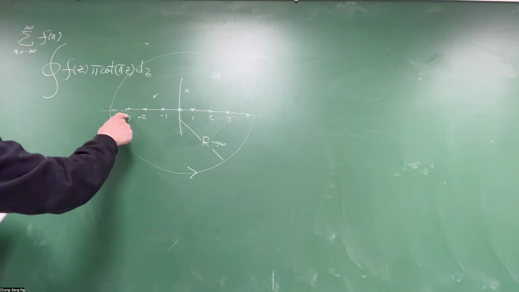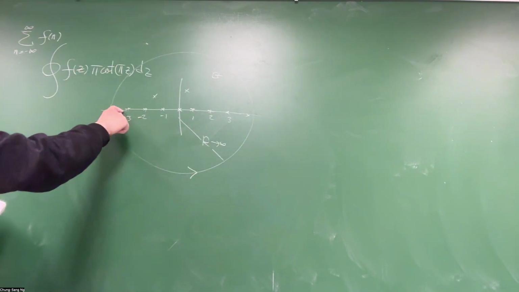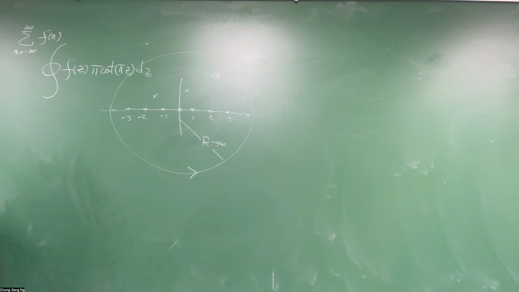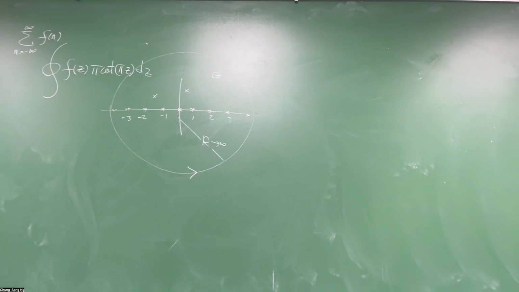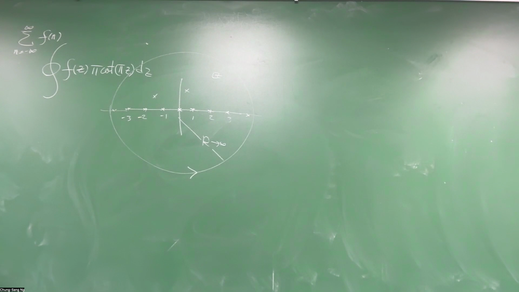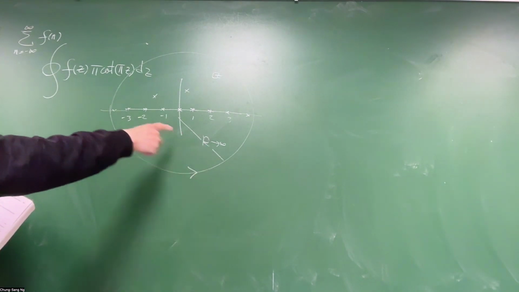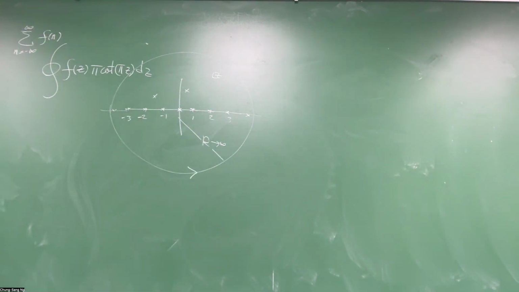So when you evaluate this loop integral, you include the contribution from all poles. Obviously, there are still poles outside, but you're doing it in the limiting sense. Taking R to infinity, the poles will cover all n going to infinity.